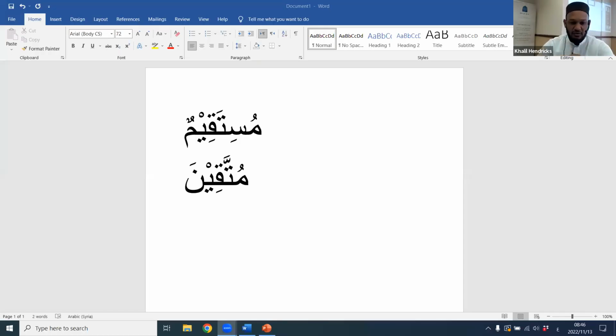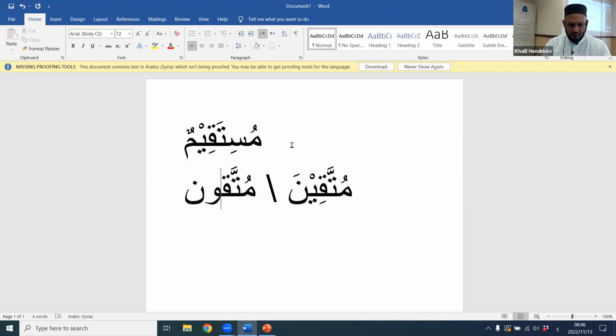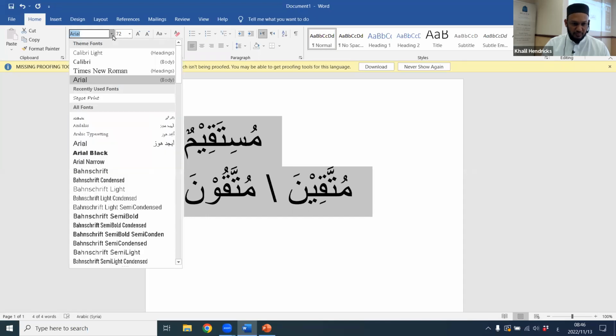Online students, inshallah, same with you. We're taking those 2 words, mustaqimun and muttaqin, and we're trying to work out what is the original. A good starting point is to guess the root letters and put them inside.